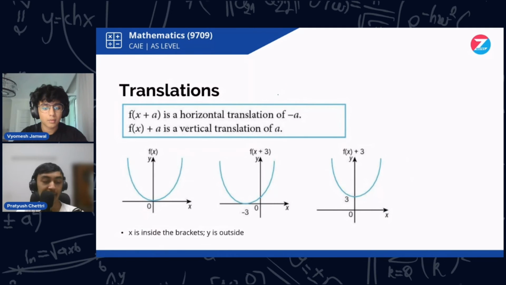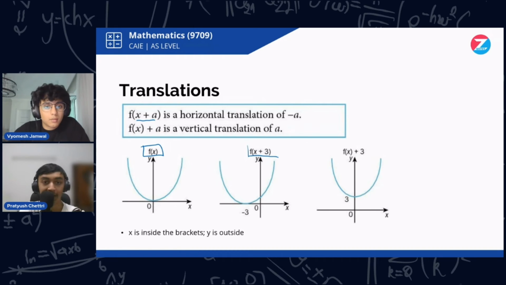So let's look at translations first. Translations is when you add or subtract stuff. It's straightforward. When you add stuff inside the brackets, it moves it horizontally. Do note that whenever you do something to x, it actually does it backwards. Here's the curve f of x.